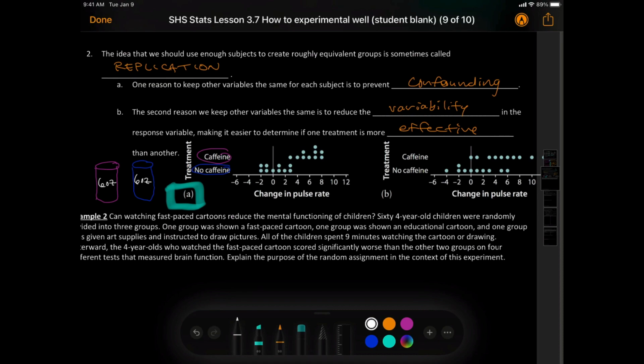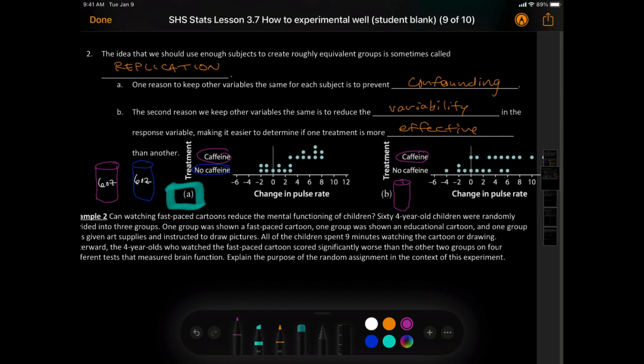What this does is it makes sure that the response that people get, maybe they got a lot of caffeine or a little caffeine, well, at least it was fair in the beginning. But it wouldn't make sense if I let students choose how much they drink of the caffeine.